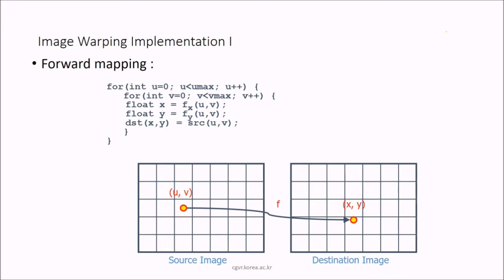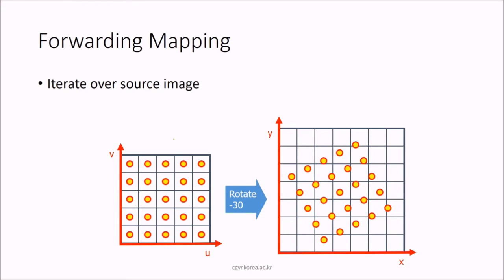Image warping: we can see the implementation as I just showed you. This is a forward mapping, and it is simple code. For u till umax, v till vmax, we compute each value, and the source is transferred to the destination point.